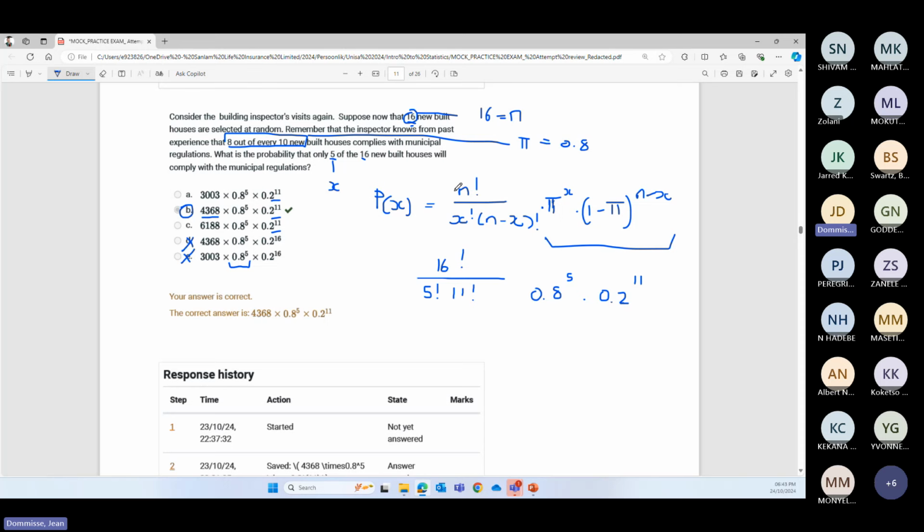Okay, so you can't have it the other way around. So x will always be smaller or equal to n. Okay, so that way you nearly can't get it confused anymore, because n will always be bigger or equal to that number.